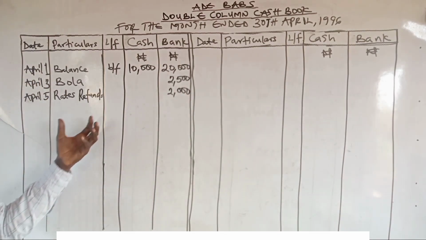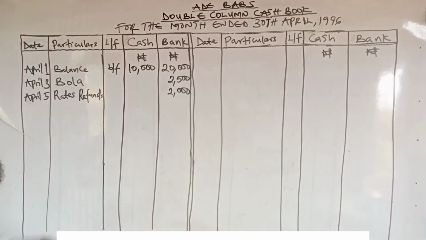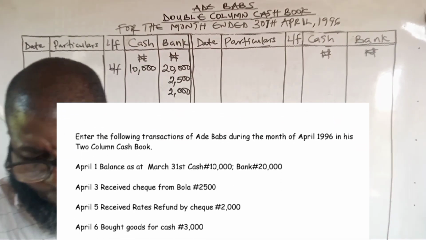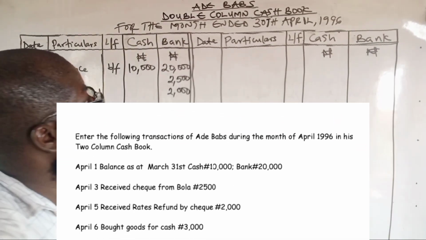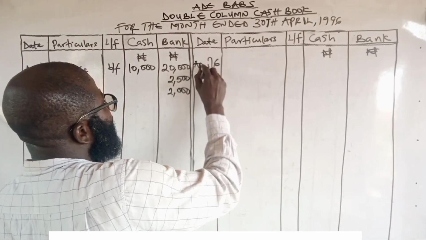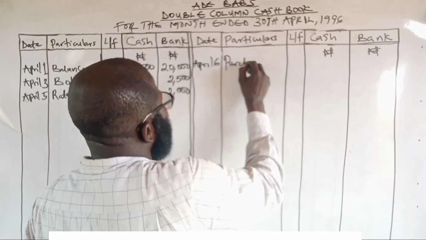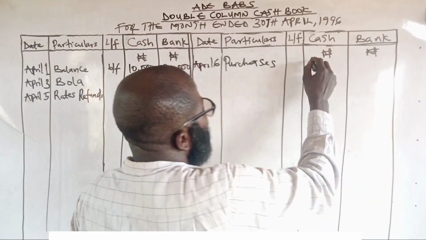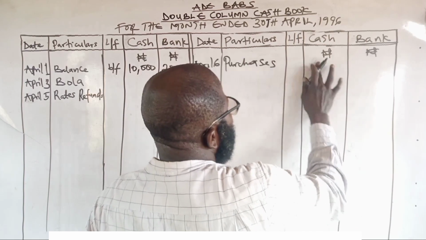This is part of what comes into my business. Now, April 6, bought goods for cash. April 6, you come here, April 6, you put purchases here, then through cash, it is 3,000 naira.